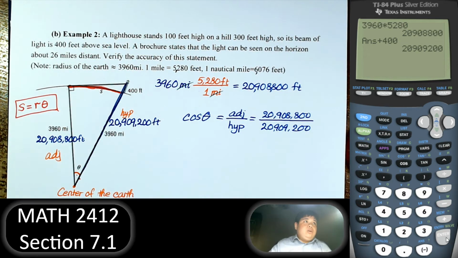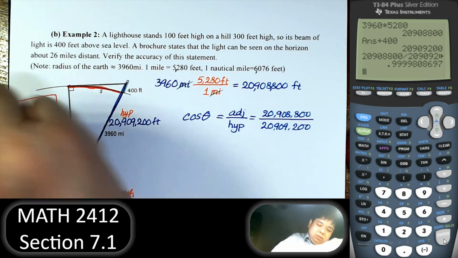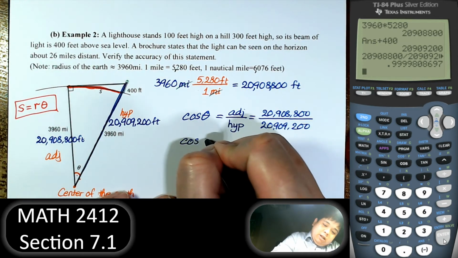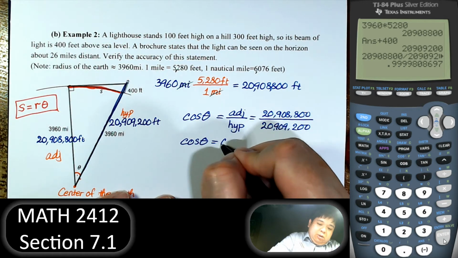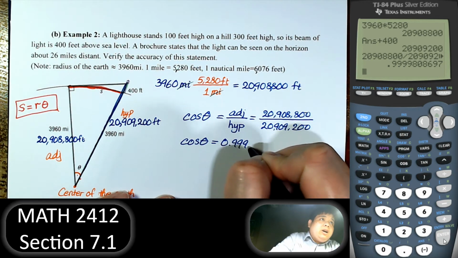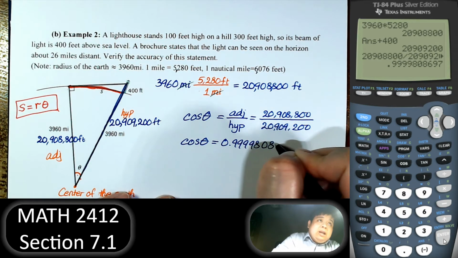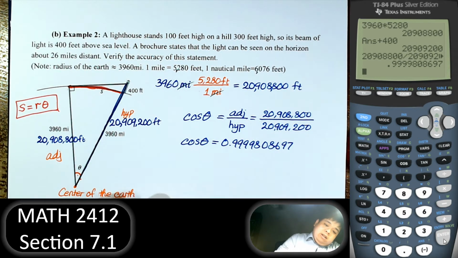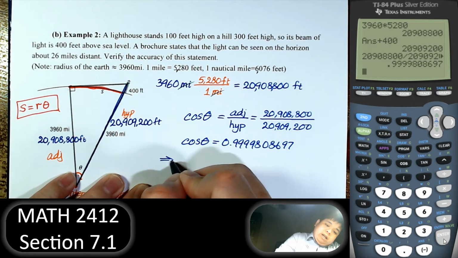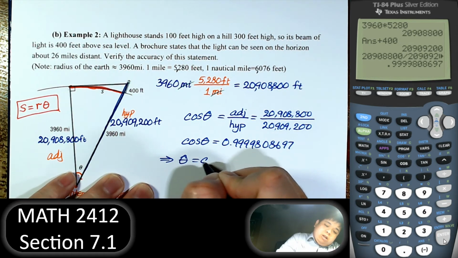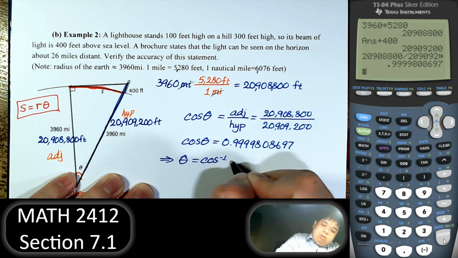I will take the ratio. So it's going to be this number divided by that number. So cosine of theta equals 0.99998088697. Alright, so we can get the angle theta equal to cosine inverse of whatever that is.